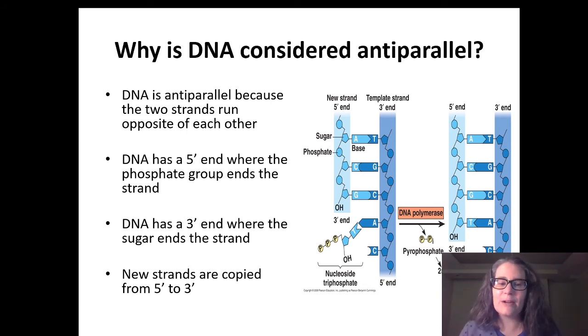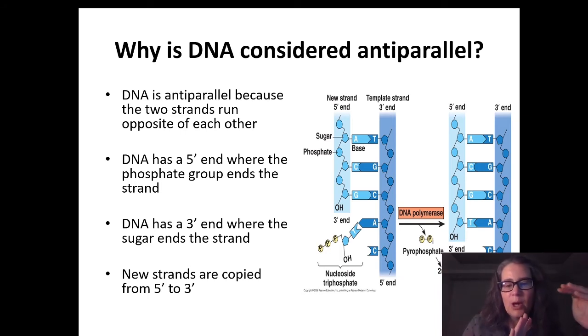DNA is anti-parallel because the two strands run in opposite directions, and the chemical directions are determined by the carbons and the naming system, and whether you end essentially with a phosphate group or a sugar and a nitrogen base connection.